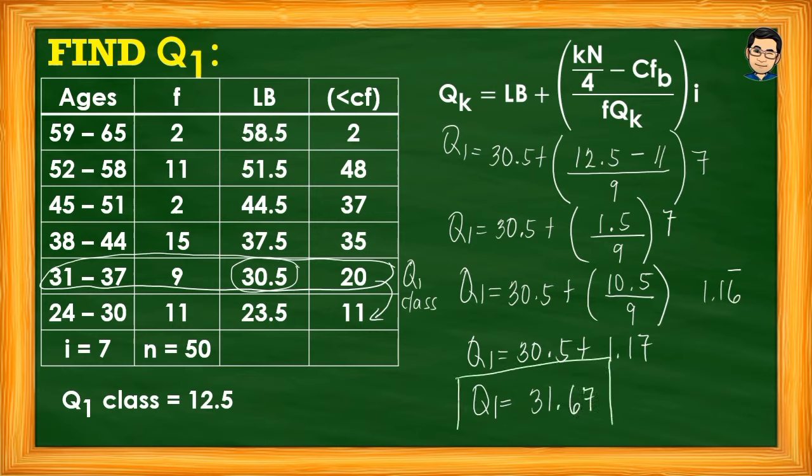So, is there a way para malaman natin na mali ang ating sagot? So, usually, ang sagot natin, nag-range dapat siya kung nasaan yung ating Q sub 1 class. So, as you can see, 31 to 37, nakapaloob po doon ang 31.67. Okay.